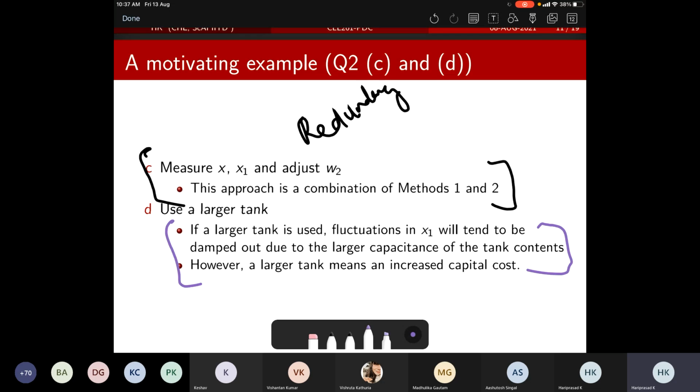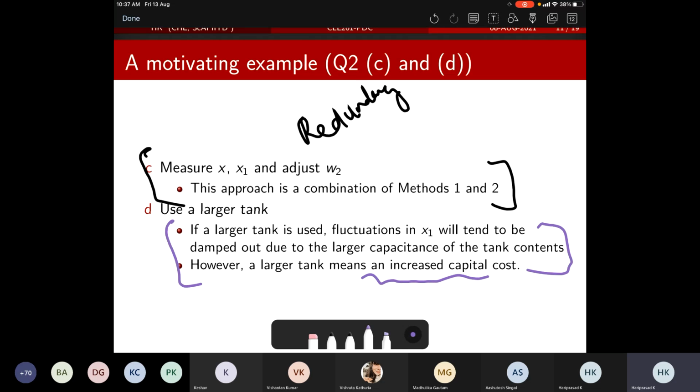If you are talking about a huge water tank, you don't see too much oscillation. Why? Because of the enhanced capacity. Generally oscillation tends to damp out due to the capacity. Similarly, if it's a large tank and there is a small change, it would not be visible. But again, you will have an increased capital cost, which you don't need.